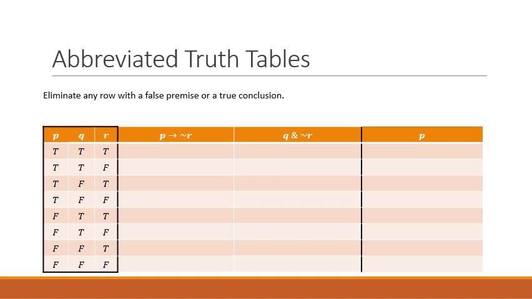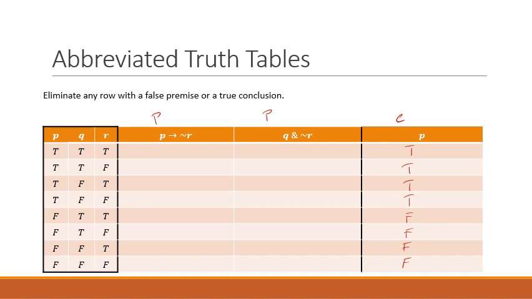So here's an argument where the conclusion, again, conclusions are over here on the right, is really easy to calculate. The conclusion is just P. And so the column here is just going to be whatever P is, right? So true, true, true, true, false, false, false, false. 4 truths, 4 falses.